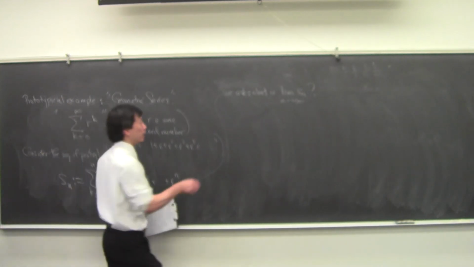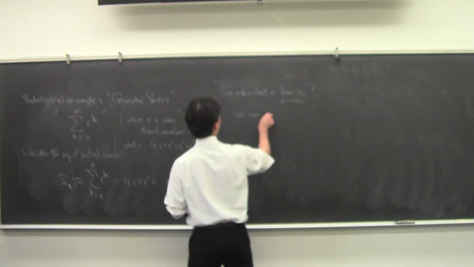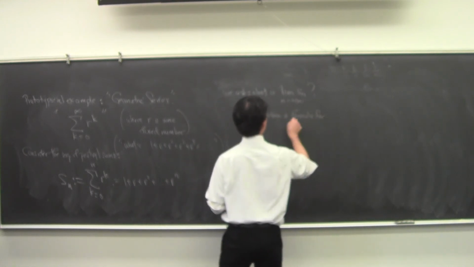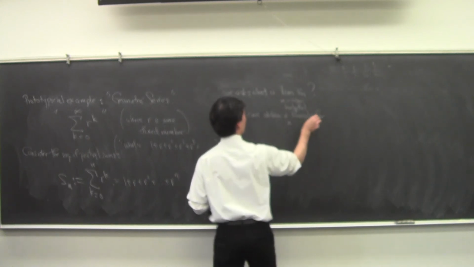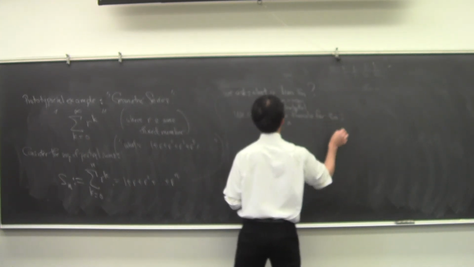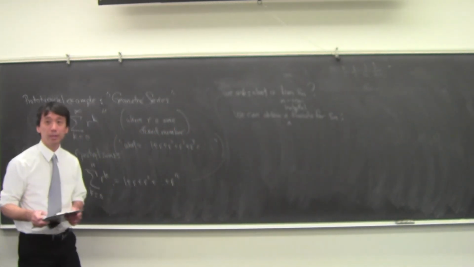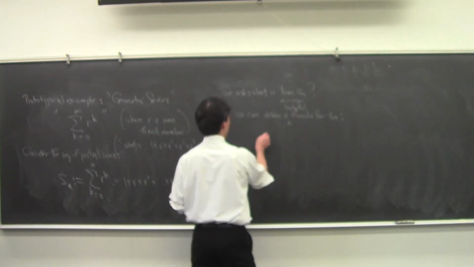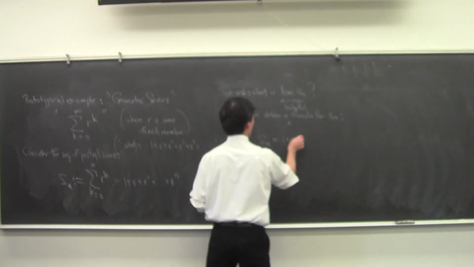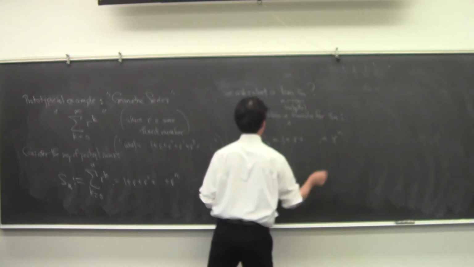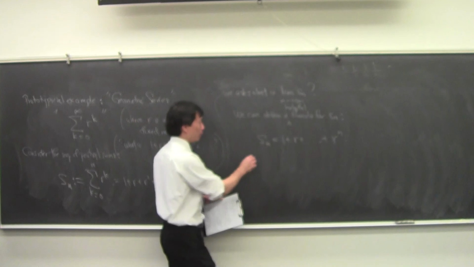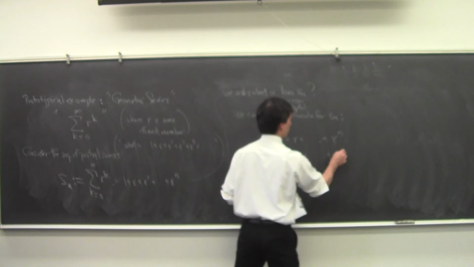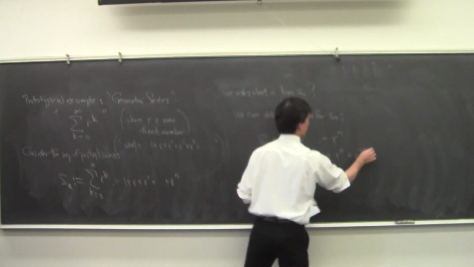Okay, it turns out that we can obtain a sort of helpful formula for S sub n. In the following way: S sub n is this thing, 1 plus r plus up to r to the n. If I multiply that by r, I get r plus r squared plus up to r to the n plus 1.